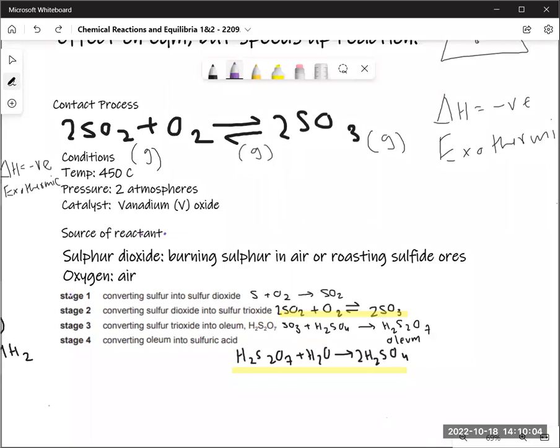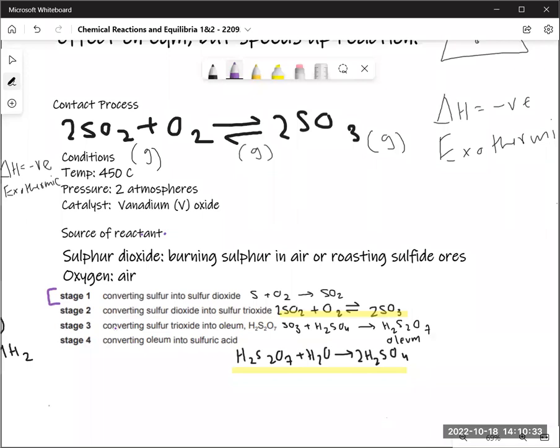Now, Manvi, I want you to read stage 1. Stage 1, converting sulfur into sulfur dioxide, which is S plus O2 gives SO2. Perfect. In the exam, they'll ask you to give the reactions, or how you write the reaction by which sulfur dioxide is produced.